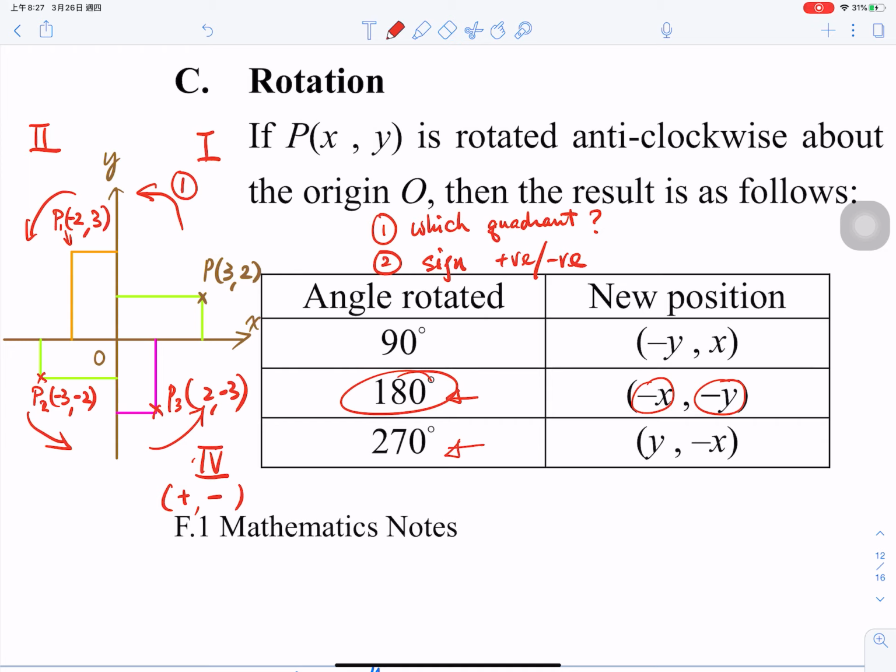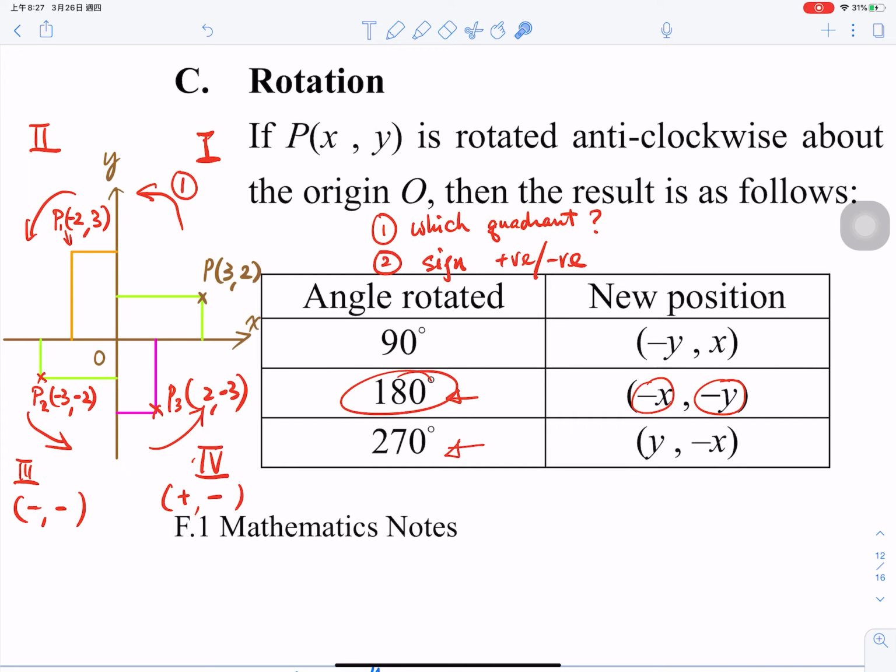So 2, negative 3 is the answer. Just now, 180 degrees changes from the first quadrant to the third one, where it is negative, negative. So both values become negative. So it's not difficult for you to find the image coordinates.